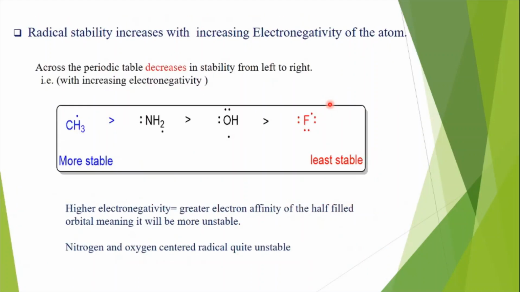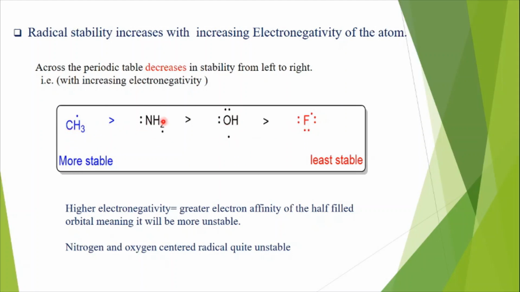Next, radical stability decreases with increasing electronegativity of the atom. Across the periodic table, stability decreases from left to right. You know that in the periodic table, from left to right, there is an increase in electronegativity. To understand this concept, I am going to give you an example: this methyl radical, then this amine radical, then this hydroxy radical, and fluorine radical.